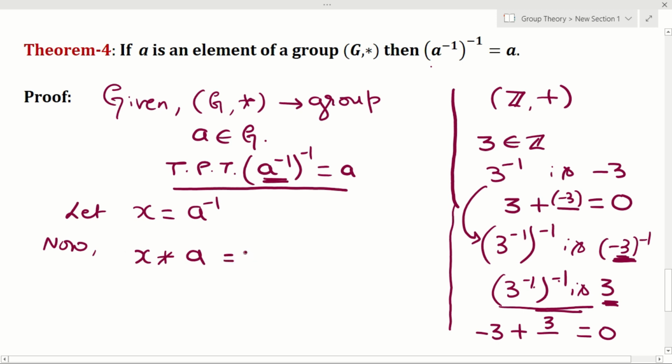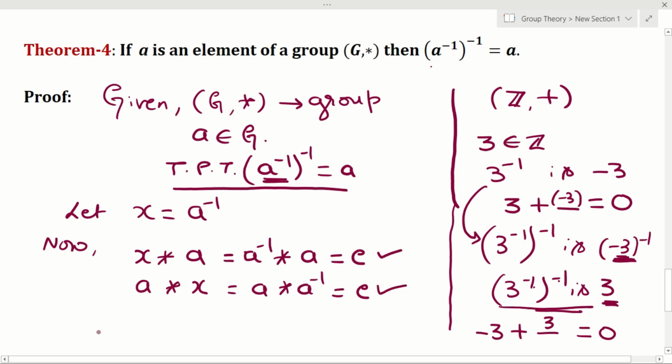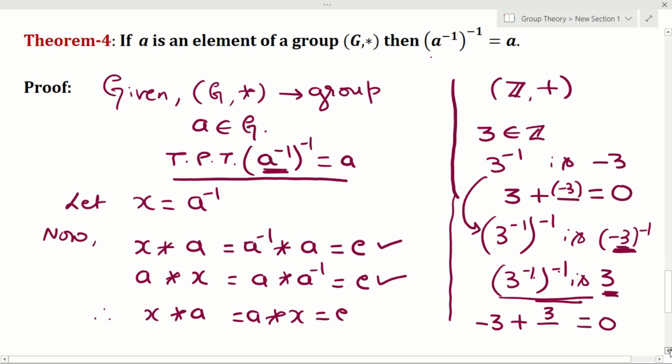That is equal to x is A inverse star A. A inverse star A according to inverse law, that is E. Again consider what is A star X. That is equal to A star X means A inverse. According to inverse law, you get E. Therefore, right hand sides are equal. Therefore, left hand side must be equal. Therefore, x star A is equal to A star X. Both are equal to E.